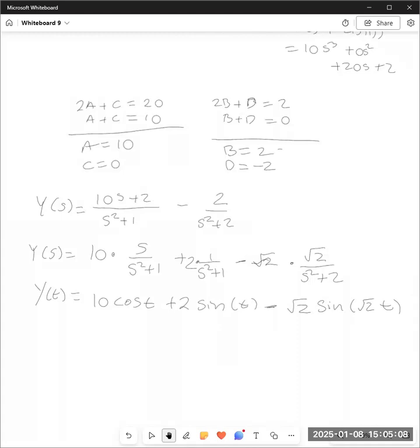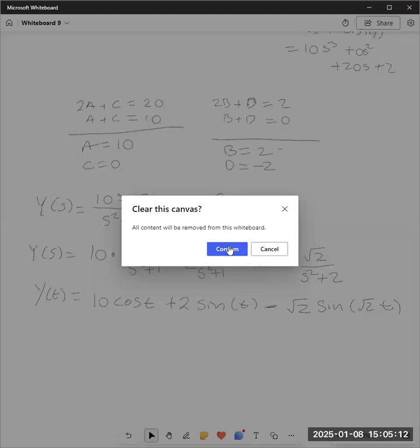We'll move on now to number 43. And that's going to be 2y triple prime plus 3y double prime minus 3y prime plus 2y is equal to e to the negative t.